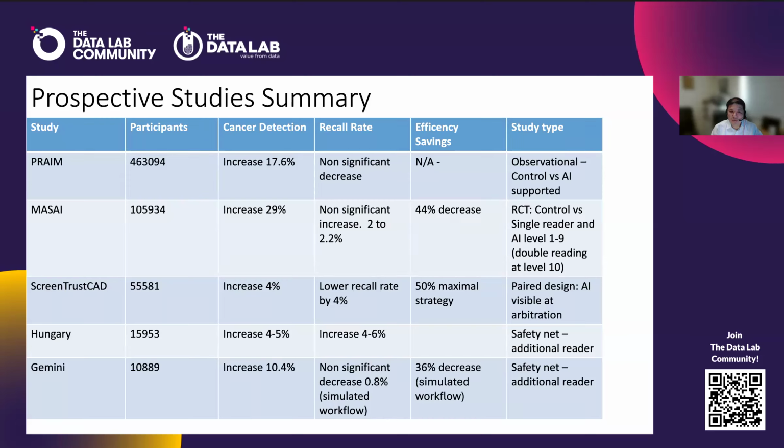You have Priam with over 400,000 participants, cancer detection increased by almost 18%. Maasai, cancer detection up 29%, 44% decrease, efficiency savings, meaning well, even if a radiologist doesn't read, they're still there. They have to do the biopsies and ultrasounds.